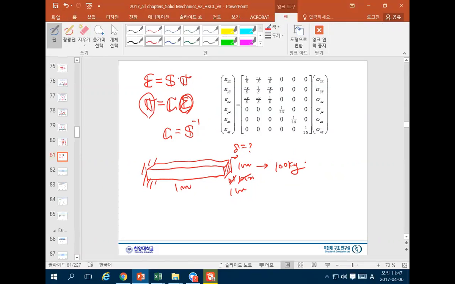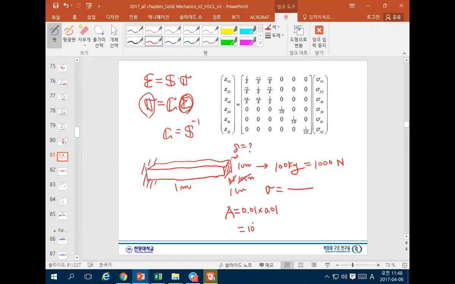Now 100 kilogram in terms of Newton is 1000 or 980 Newton, right? You need to multiply g, so 1000 Newton, and stress-wise the area will be 1 centimeter means 0.01 times 0.01, right?